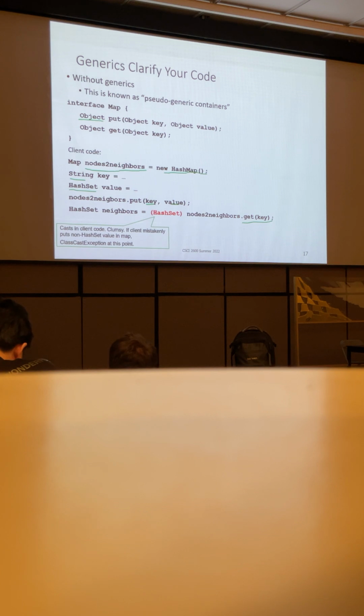So if you are sure that you put a HashSet there, then when you get it back, it's still a HashSet, so you can use a cast, right? But what if you got confused and you extracted something? You thought your key was that, but your key was different, and what you extracted was not that key-value pair, but a different key-value pair where the value is not a HashSet.